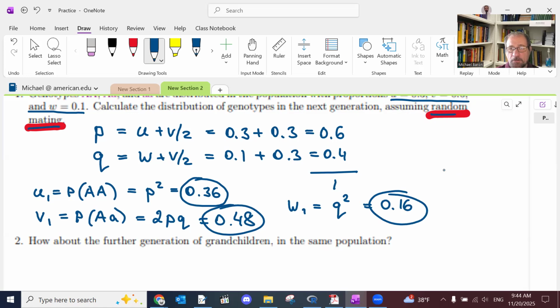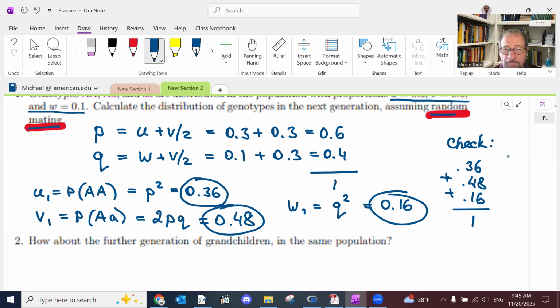Let's check. 0.36 plus 0.48 is 0.84. 0.84 plus 0.16 is 1. Okay, that's just a check. So we were asked about the distribution of genotypes in the next generation. We found it: 0.36, 0.48, 0.16. That's the answer. That's the distribution of genotypes.